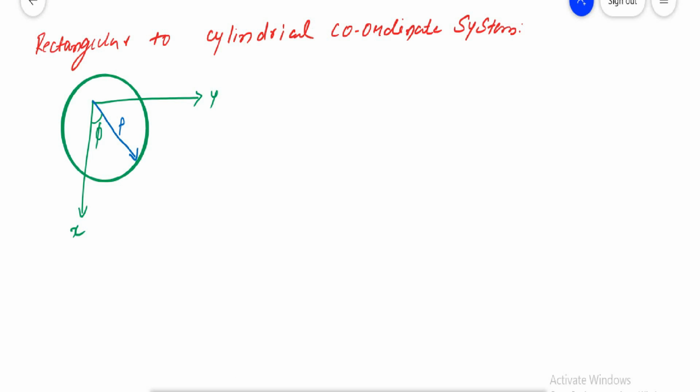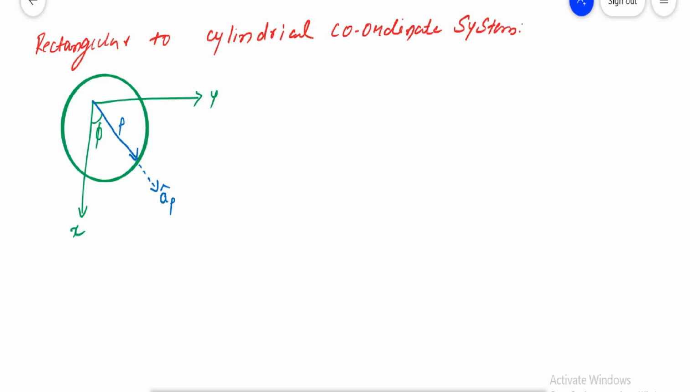The unit vector along the length of this radius vector, let us consider this is your a_rho, and this radius vector is making an angle of phi at this point. So the angle changes from 0 to 360 degrees.